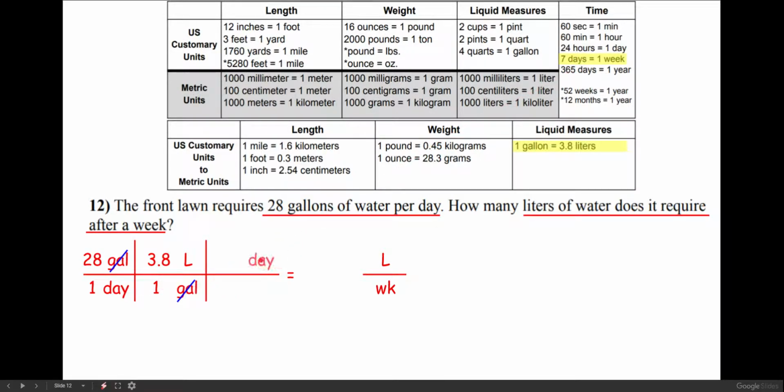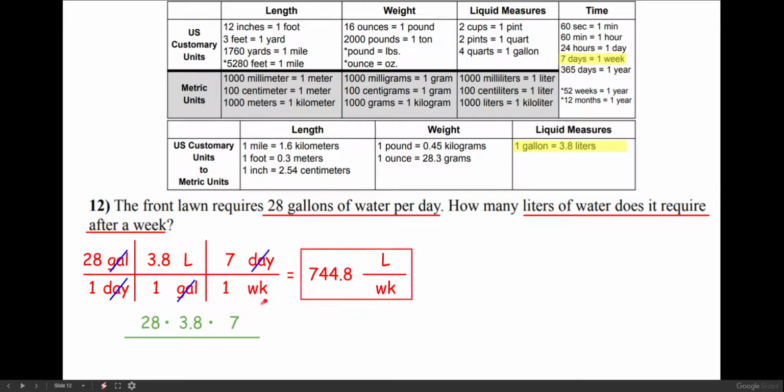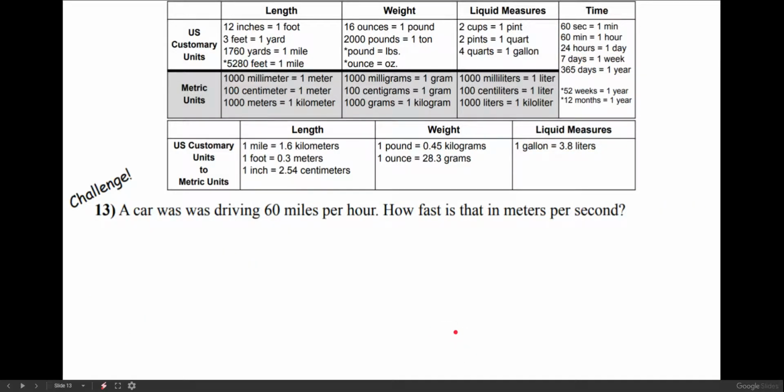So days on top allows us to cross it off and cancel it out, and write the conversion, 7 days in 1 week. Now you multiply it out, 28 times 3.8 times 7, and divide it by just 1, which should equal 744.8 liters per week.